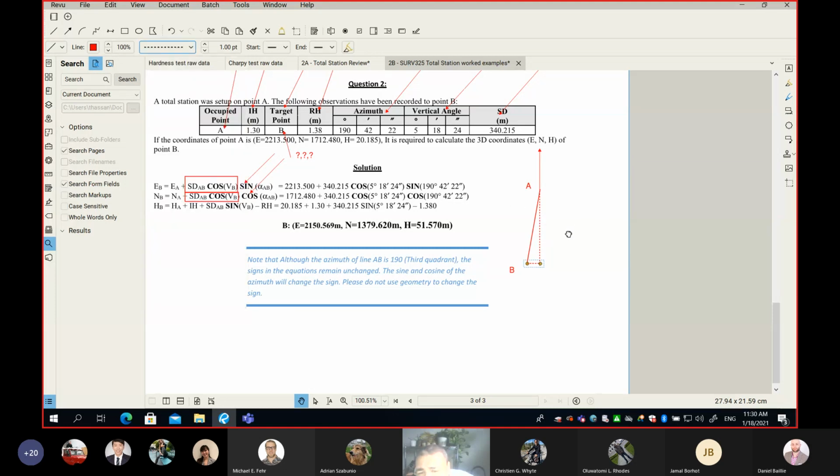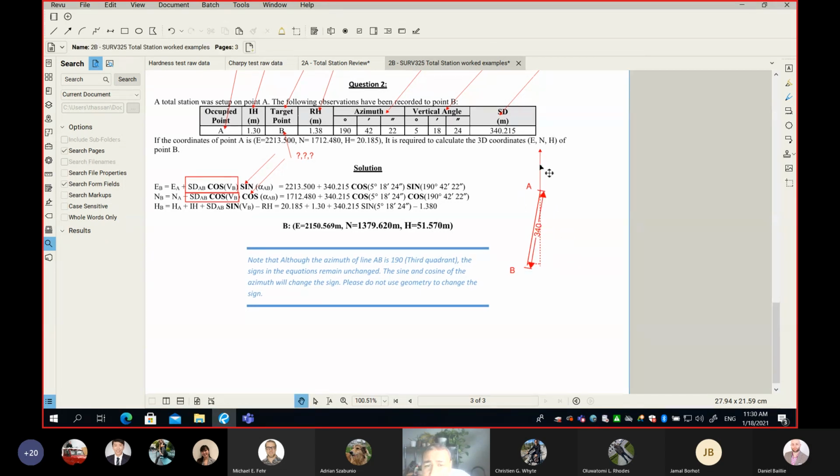What they do is they try to use their scales. They take the distance 340 multiplied by the cosine of the angle, and they find the horizontal distance from A to B, let's say 340 meters.